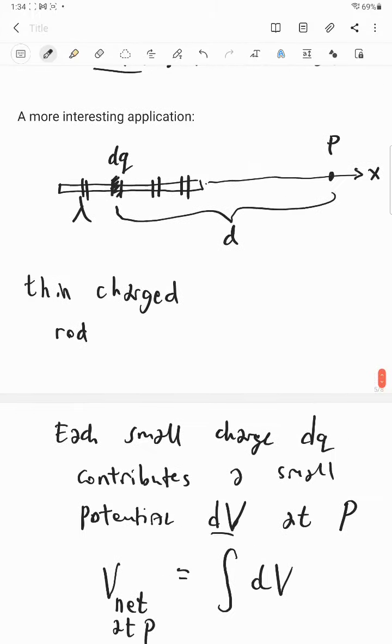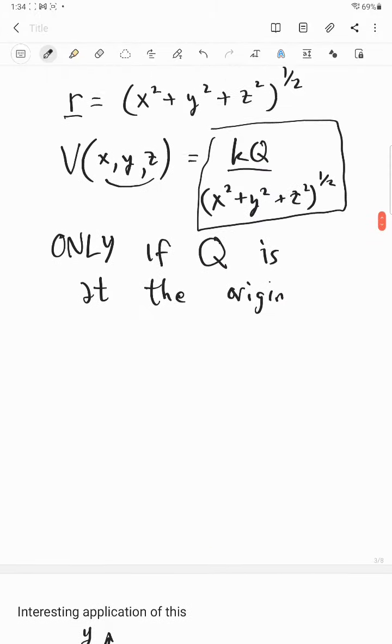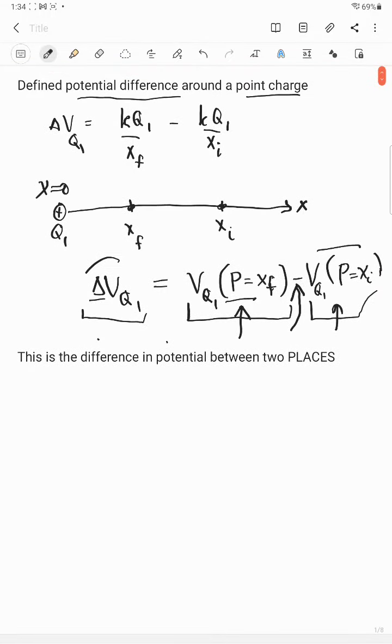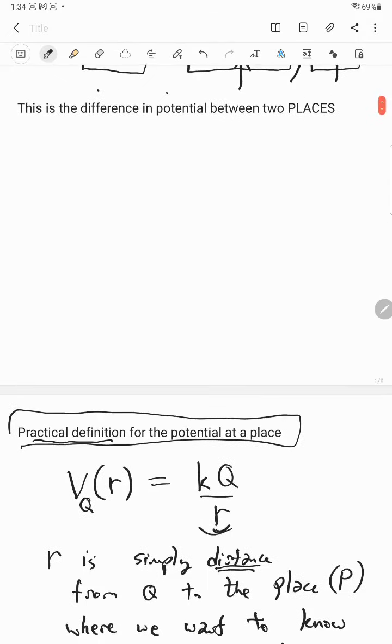Okay, cool. So what I've shown you in this little lecture is that we started with only a definition for a difference. But then I said, why don't we define not the difference, but the value at the two places.